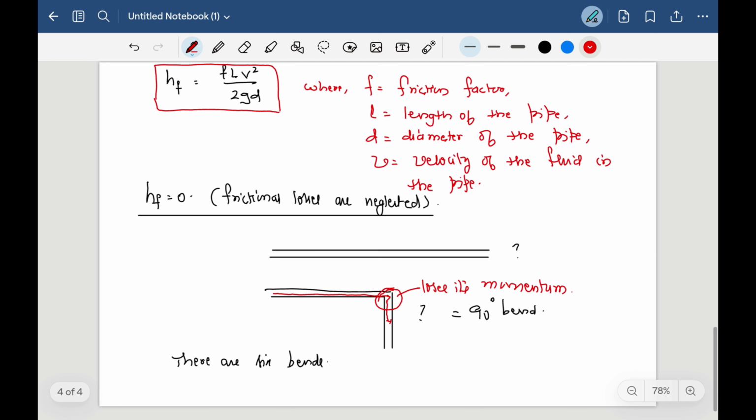Hence, there will be a loss in the bends, especially 90-degree bends.